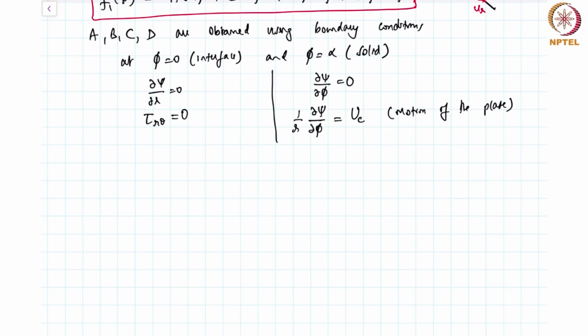What you now get is the constants. A becomes U_C times sine of alpha by alpha minus 1 by cosine of alpha, whole inverse.